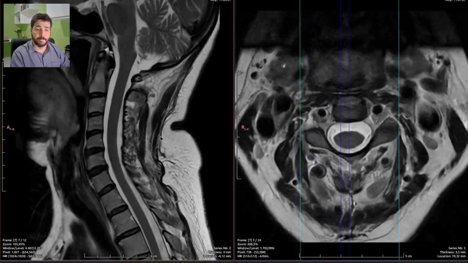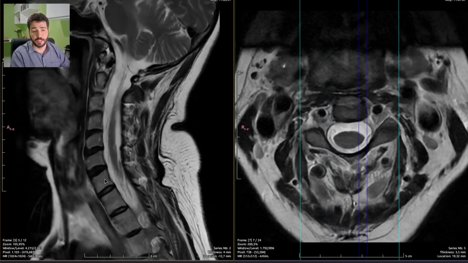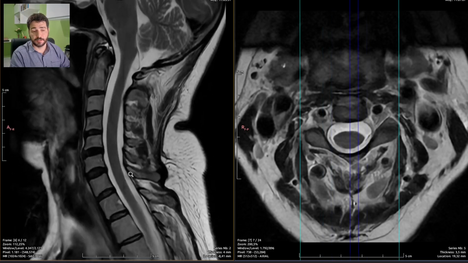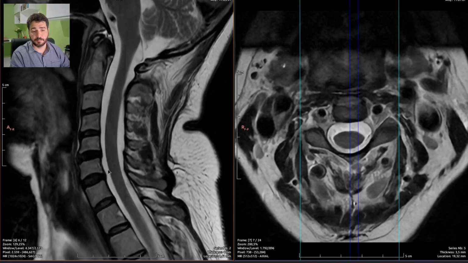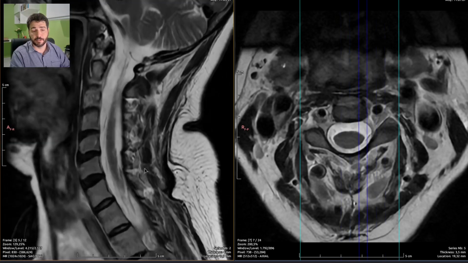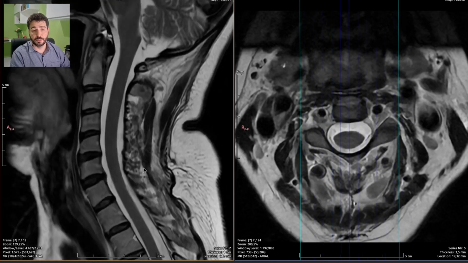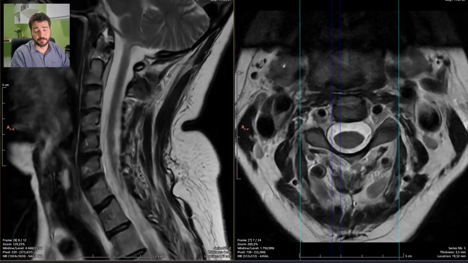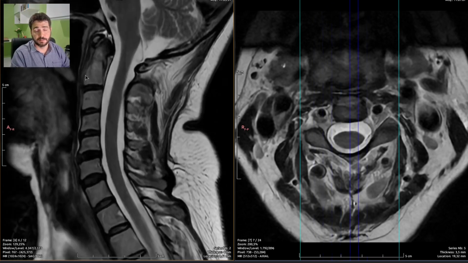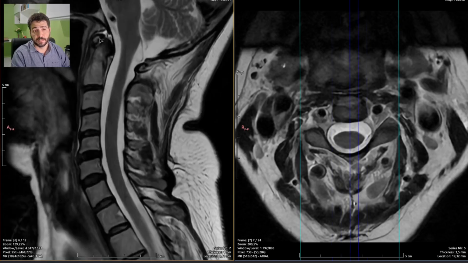So we can see here that the discs are kind of dehydrated. This is degenerative disease, very mild degenerative disease, and we can see there is mild, really tiny bulging of these two discs right here, and we are going to give names to the discs based on the position relative to the second vertebra, because this is the first vertebra, the atlas.